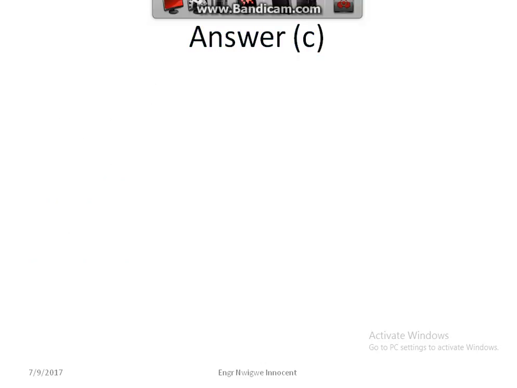Answer C. We are asked to multiply 212 base 3 by 201 base 3 and leave our answer in base 3. Therefore, we now have 2 times 1 is 2, 1 times 1 is 1, 1 times 2 is 2.